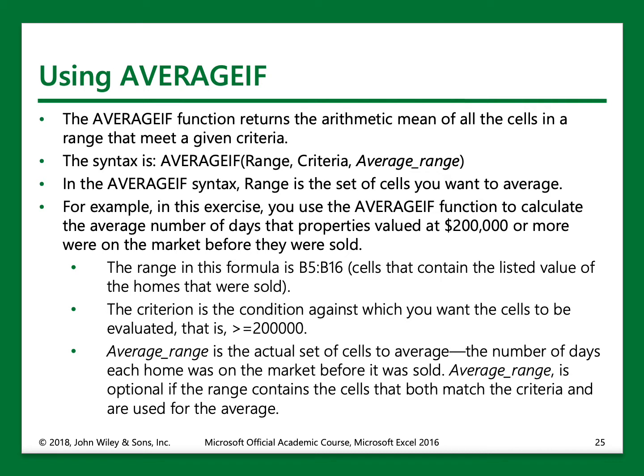Now, if you're comfortable with SUMIF and COUNTIF, AVERAGEIF is going to be absolutely fine for you as well. In essence, AVERAGEIF is just the same as a SUMIF divided by a COUNTIF. Okay, because the average in Excel is just when you add them up and divide by how many there are.